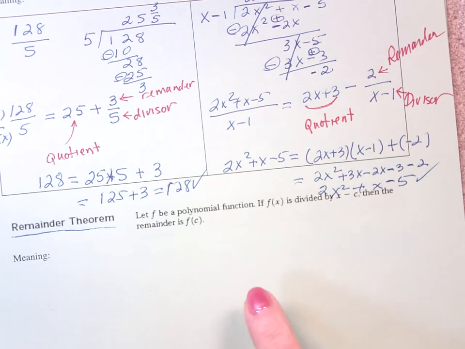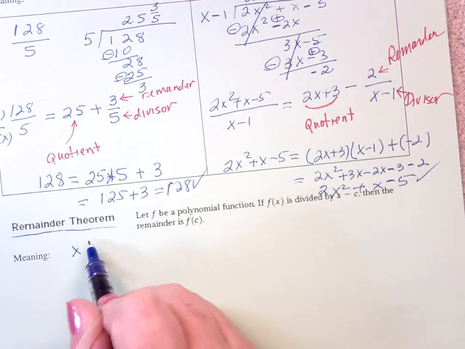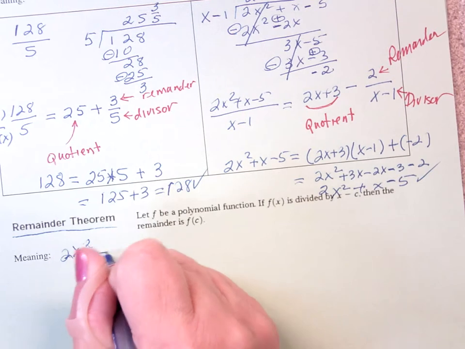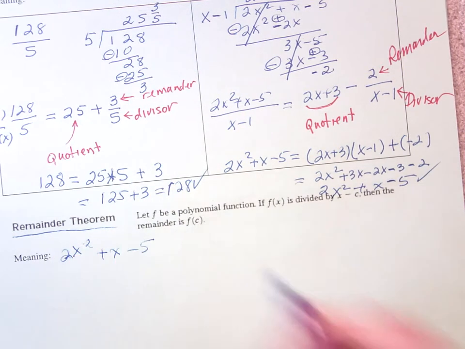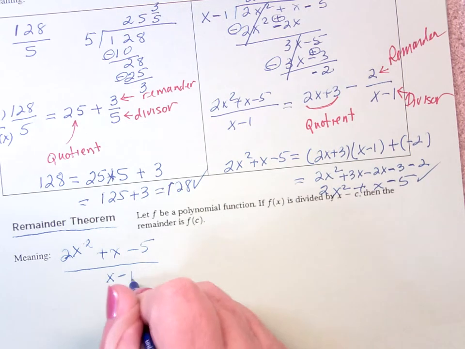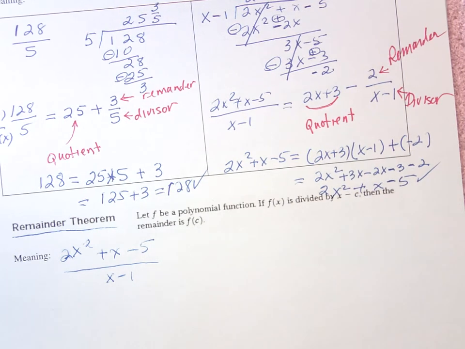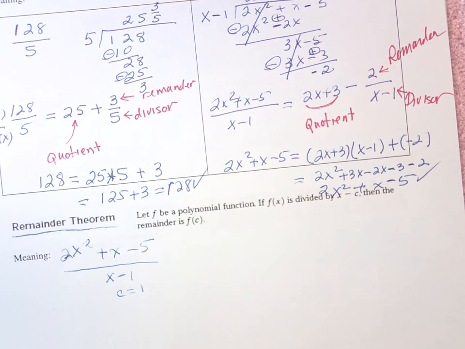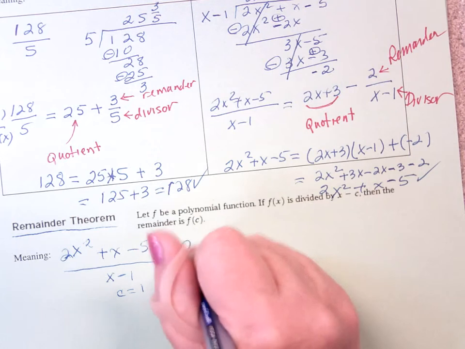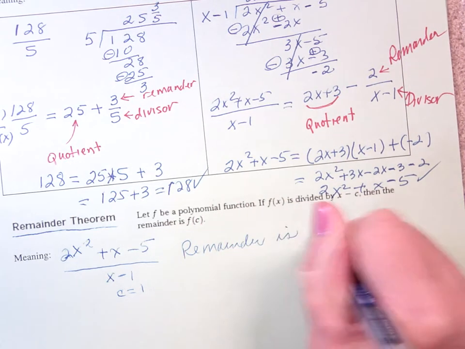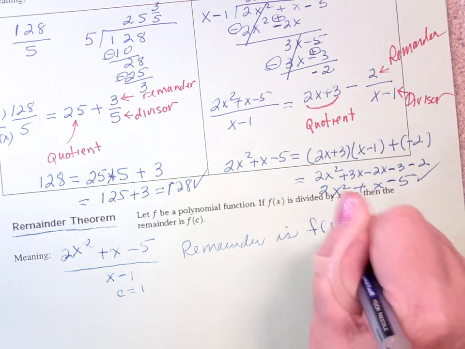That says this, that if 2x squared plus x minus 5 is divided by x minus 1, in this case c equals 1, the remainder is f of 1.